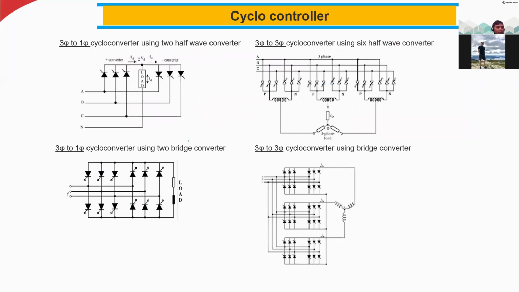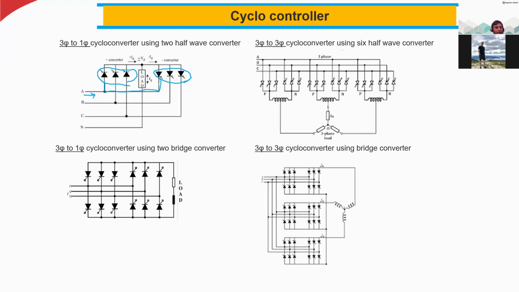So now these are the circuits. This is the 3 phase to single phase cycloconverter using 2 half wave converters. Here you can see the first half wave converter and then the second half wave converter. And here we are applying the 3 phase input. The positive half cycle goes here and the negative half cycle goes here, because it's connected in the same line.